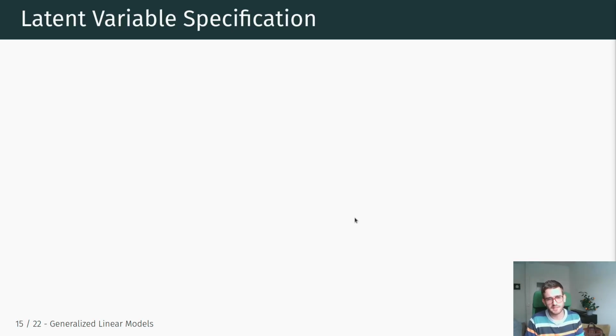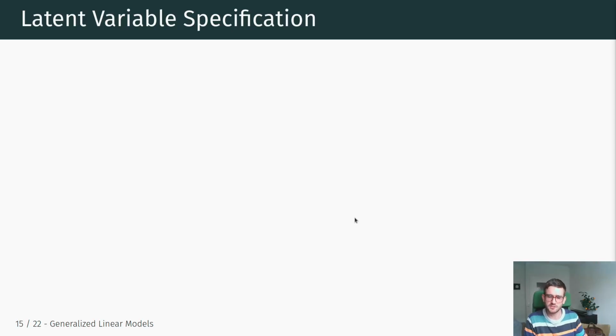Remember the latent variable specification for logistic regression. We made the assumption that there's an underlying unobserved latent variable that we're modeling with our linear predictor, and then we make additional assumptions about the underlying distribution of this latent variable that is unobserved.